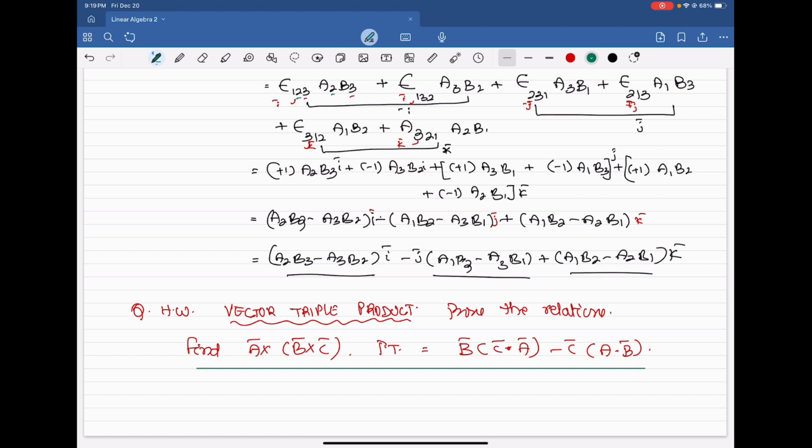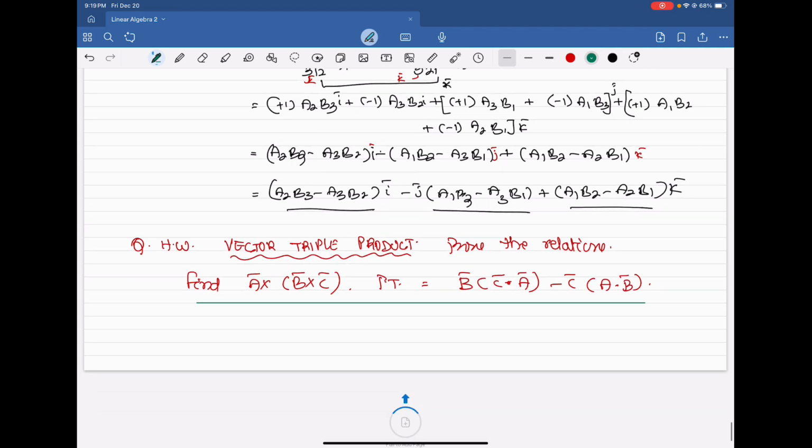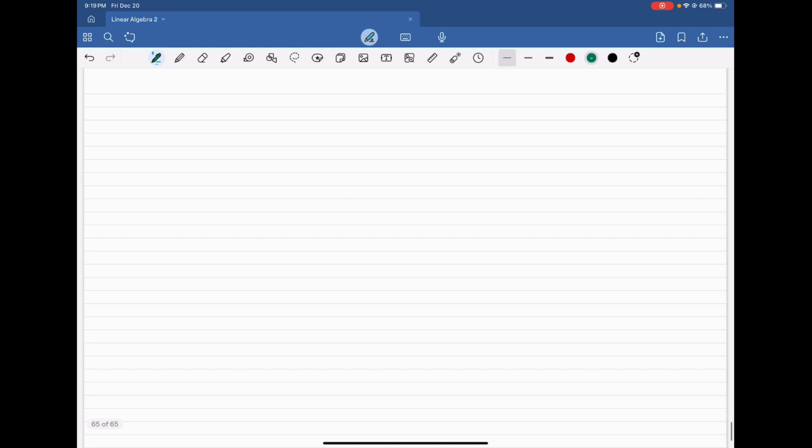Now, another small problem I will solve. Prove that A cross A is equal to 0. Can we prove it?